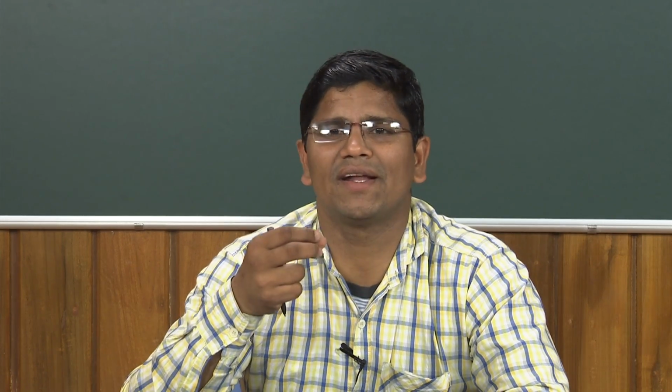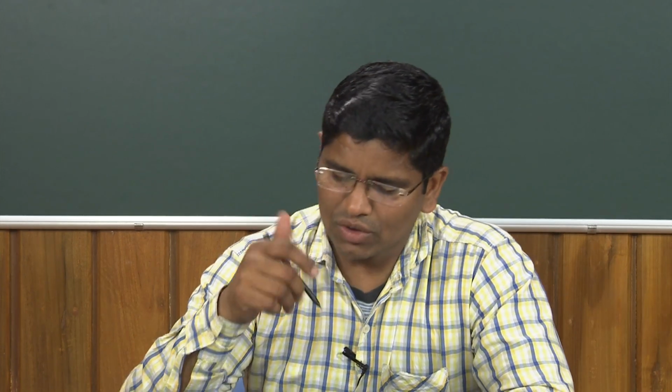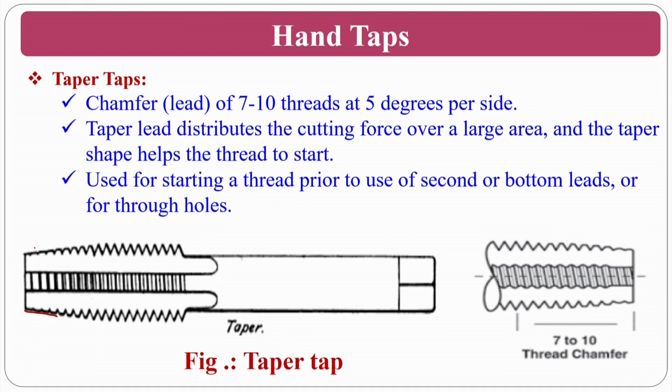So you may not go for a 10 mm hole, you can go for 9.8 or 9.75 or something, so that this particular taper can penetrate at the initial stage, and once you twist it on, it will gradually enter into the workpiece.